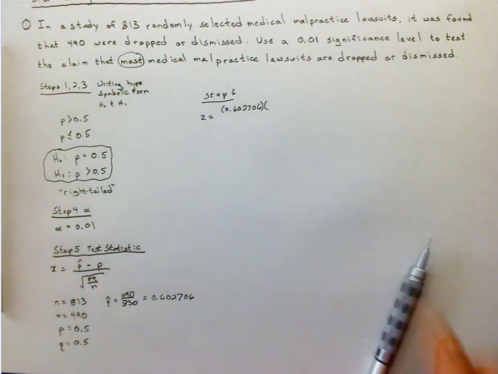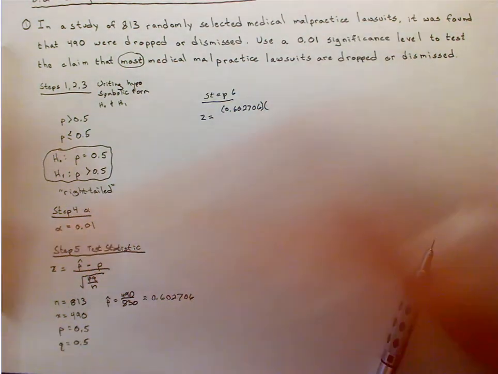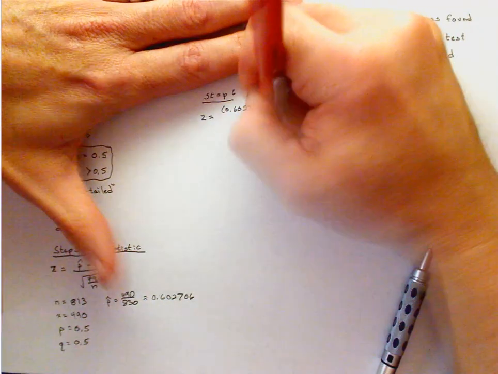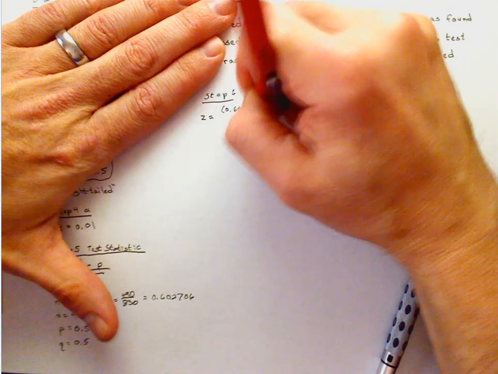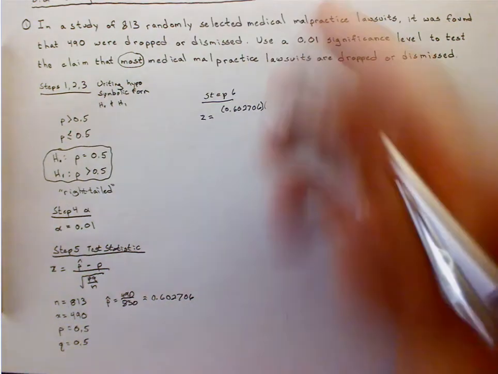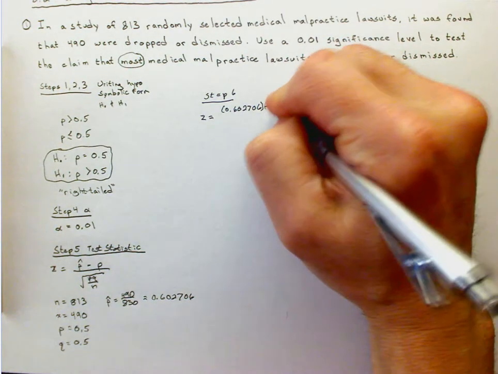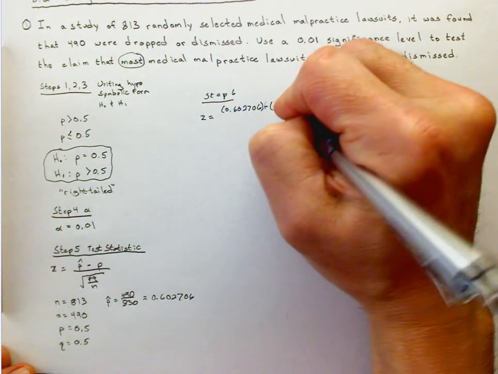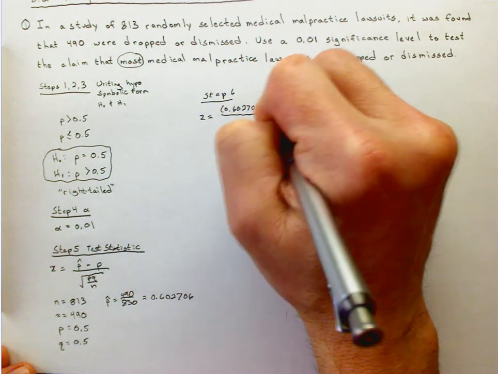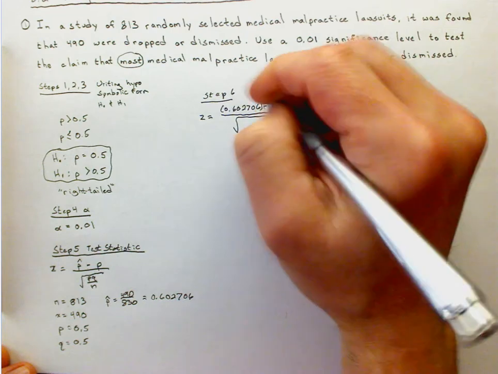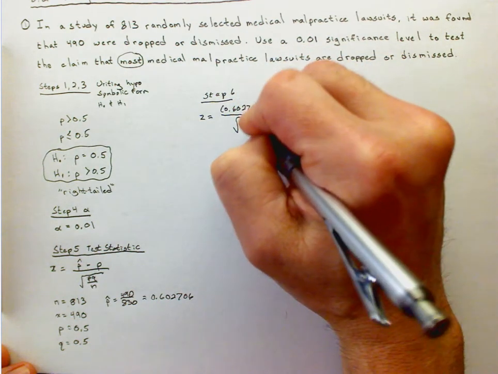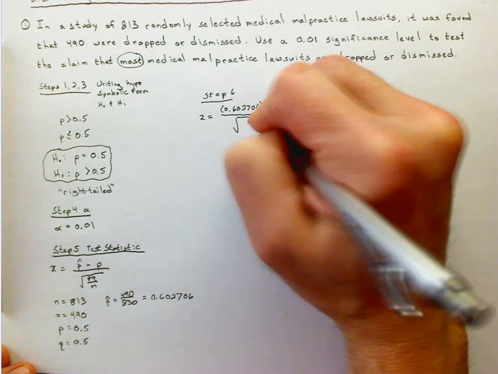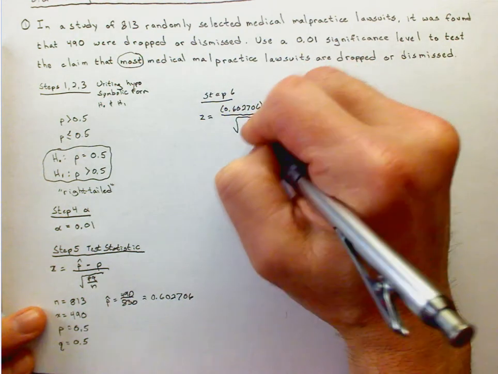Whoops. Minus. Sorry, I'm thinking about that. And you can't tell which question is which. I know. Minus p, 0.5, over the square root of 0.25 over n. N was 813.